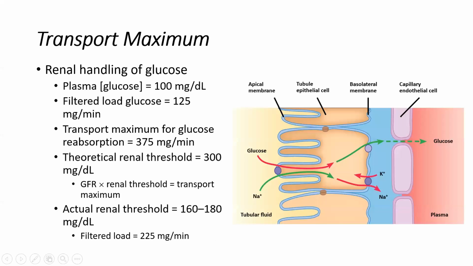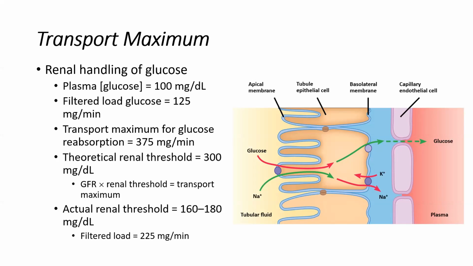So let's look at this example for how the kidneys handle glucose. And let's keep these two ideas in mind of transport maximum and renal threshold. So typically the plasma glucose concentration is about 100 milligrams per deciliter. And so yesterday we calculated the filtered load for glucose.